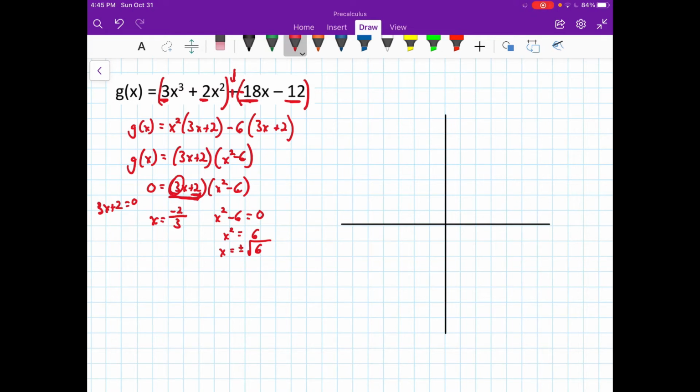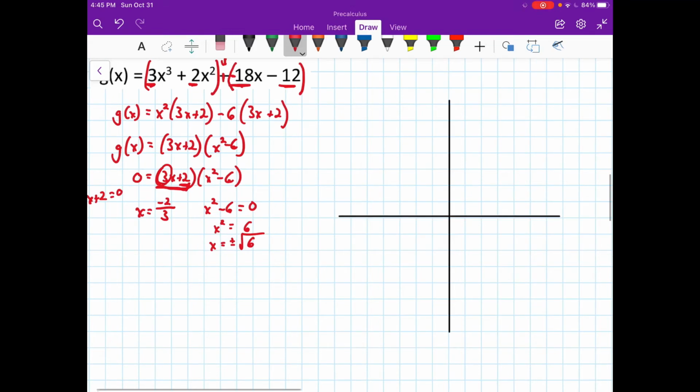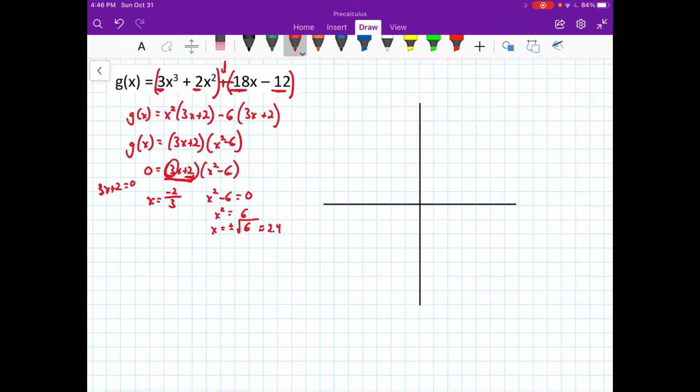The square root of 6 is somewhere between 2 and 3. So we're going to say that's about 2.3-ish. I could use a calculator. Maybe 2.4. So we'll say that's about 2.4, and that's plus or minus.